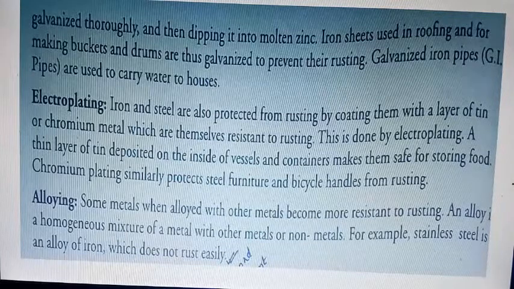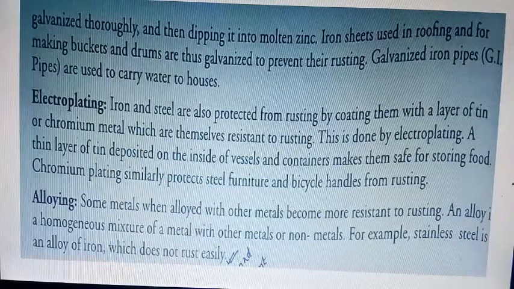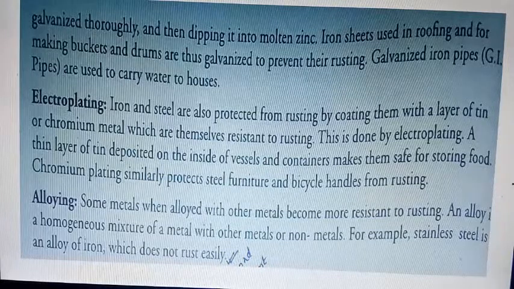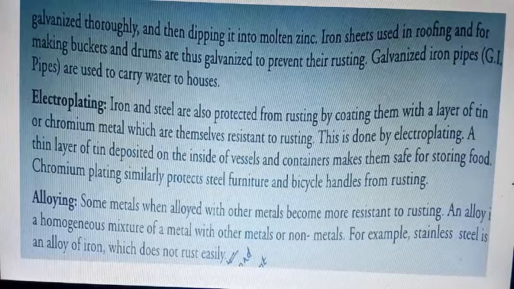These metals are electroplated over iron and steel. This electroplating is done by using electricity. The process of using electricity for coating one metal over another is called electroplating. Nowadays we can see city golds.